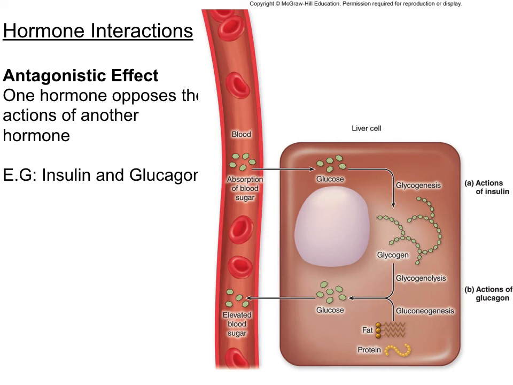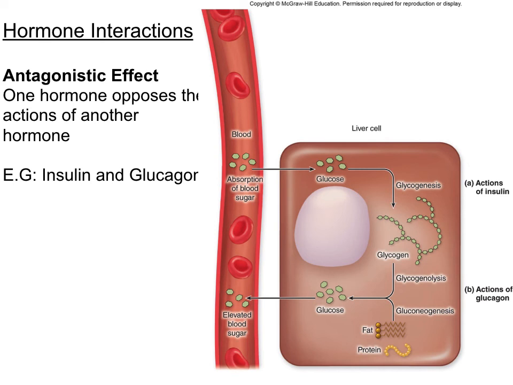Now, the first one, which is usually the easiest one for students to grasp, is something called an antagonistic effect. This is when one hormone opposes the action of another hormone. In this module we covered one: insulin and glucagon. Insulin lowers blood glucose, but glucagon raises blood glucose.